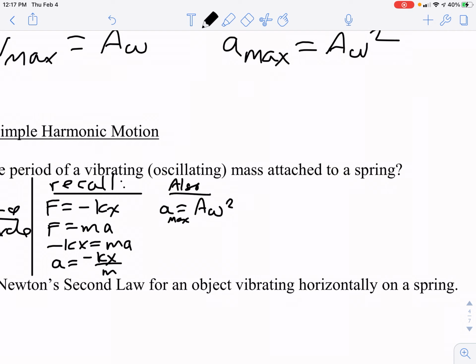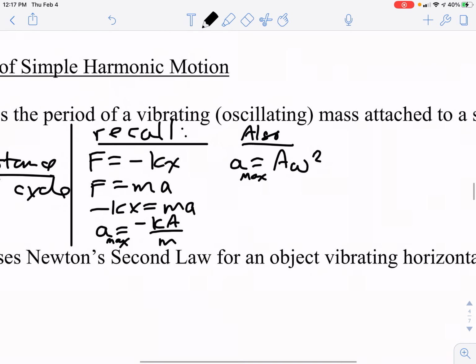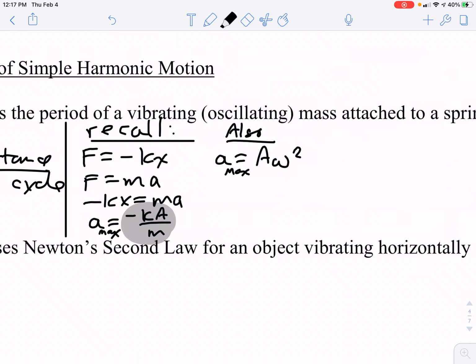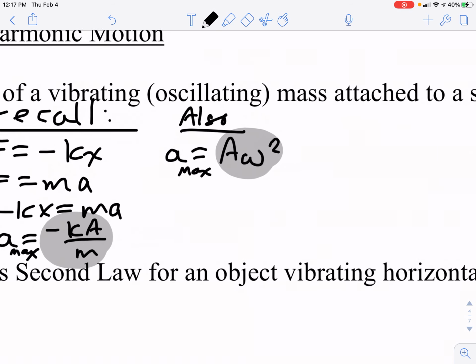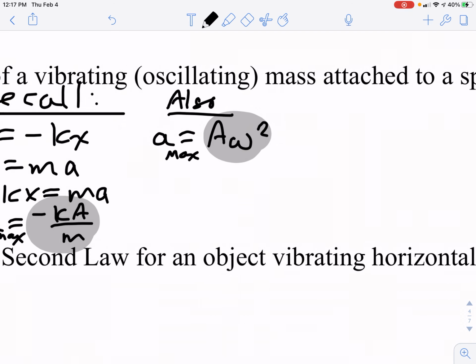So now with that said, we can make a couple things happen. If this represents the maximum acceleration, then this x becomes amplitude as well. Meaning, I can put those together. Now, I'm only focusing on the absolute value of this, so I'm only focusing on the relationship here, not so much the negative, okay?